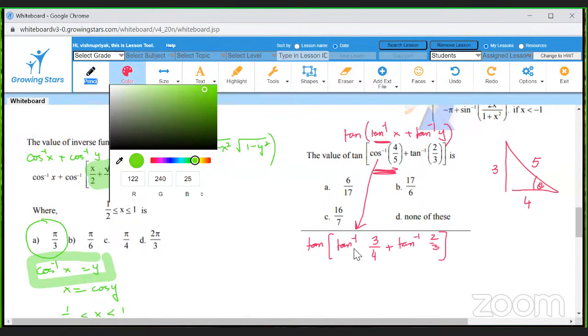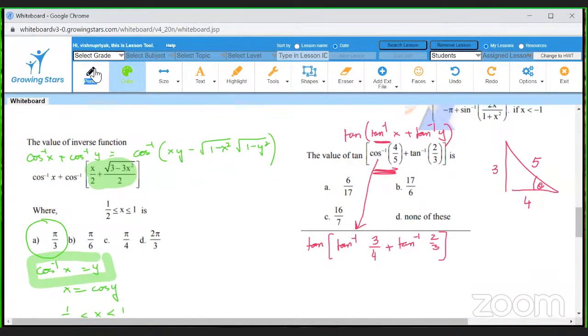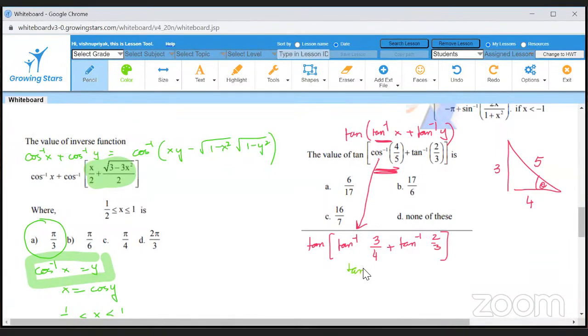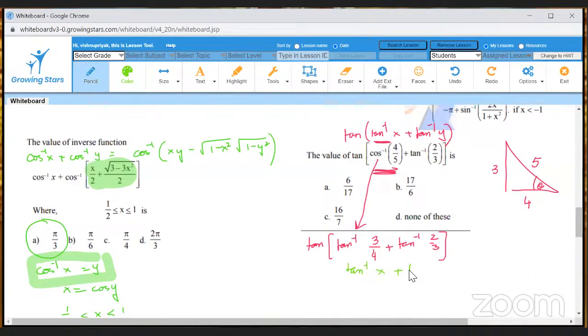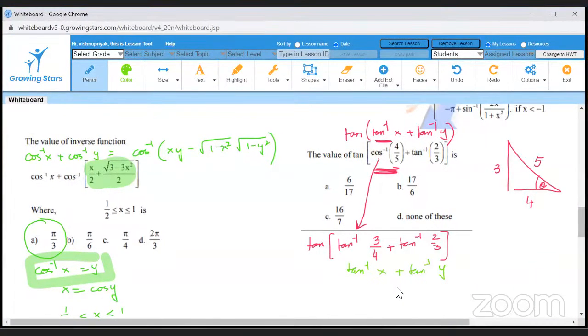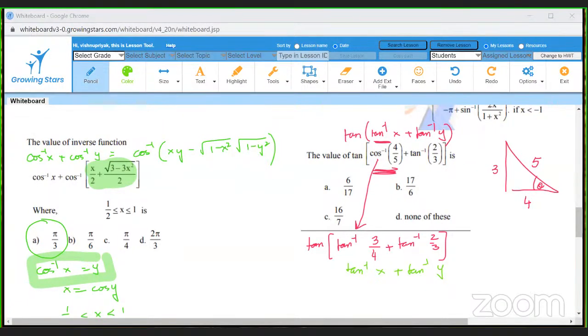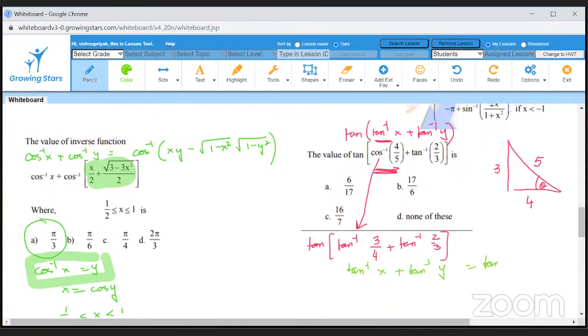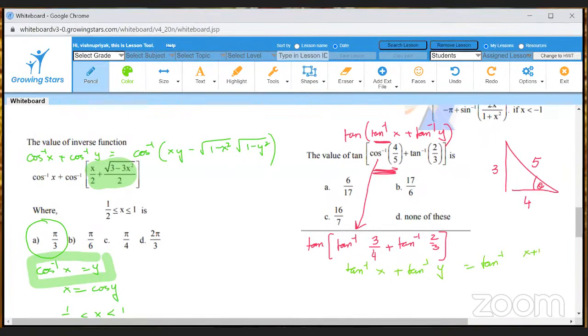Now, what is the formula we are going to use here? What formula is there for tan inverse x plus tan inverse y? Because I got it in that form. So the formula is tan inverse of x plus y by 1 minus xy.